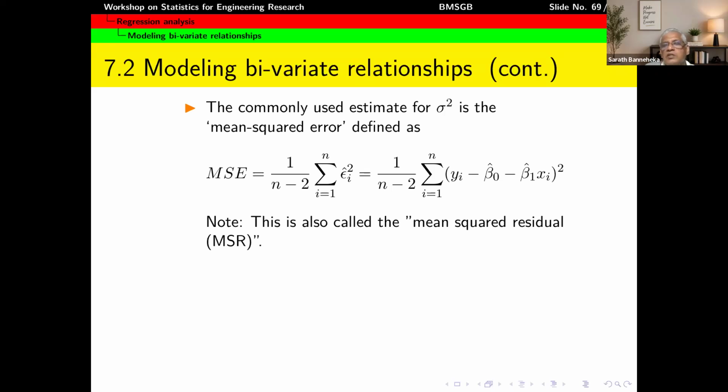Instead of dividing by n, we are dividing by n minus 2 for some mathematical reason here. So that quantity is called the mean squared error. So mean squared error is used as an estimate for the sigma square quantity. Mean square residual instead of mean square error is the more correct word actually, but most of the books still use mean square error.